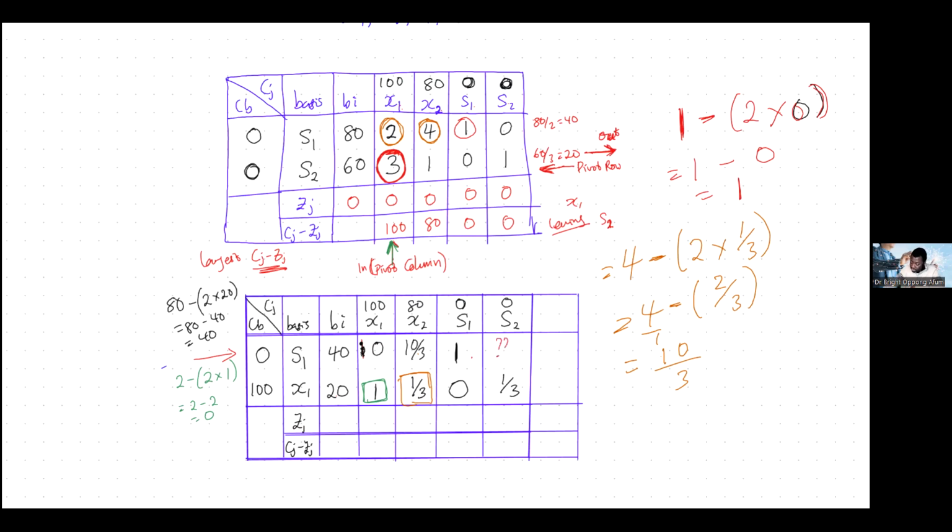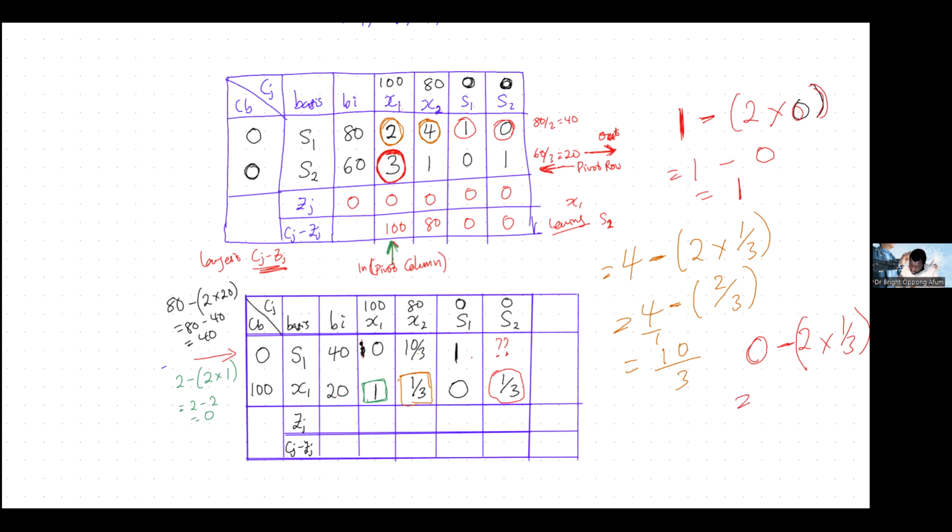The next one is this contributing value. The old value is 0. So it's actually 0 minus the same 2 times the new value 1 on 3, which is this 1 on 3.